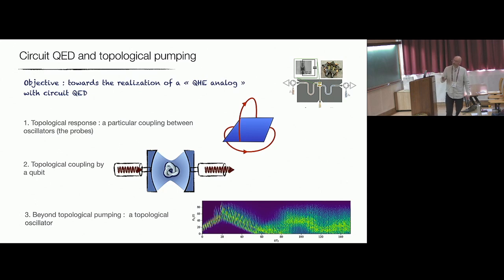And then I will show how to implement this coupling with this simple circuit QED. And if time allows, at the end of the talk, I will then consider a situation where topology a priori doesn't apply, where we consider a coupling between quantum oscillators. We don't have topological indices now to characterize the phase, but yet we have physical properties that share some resemblance with the topological phase.